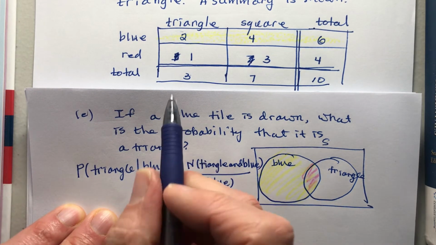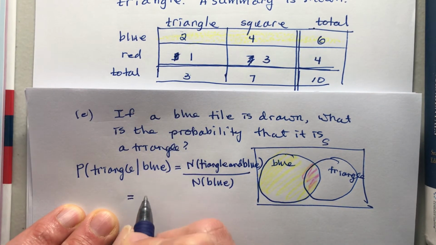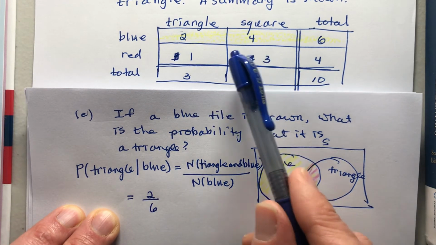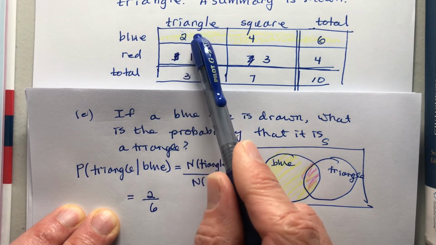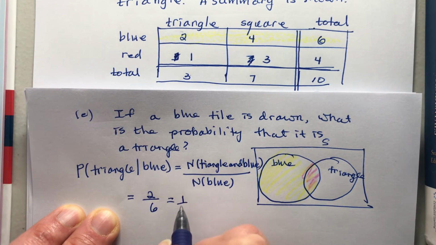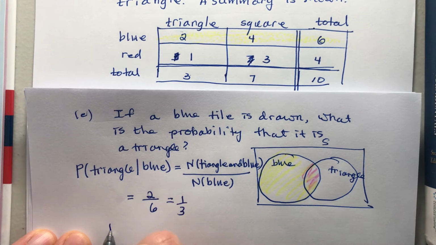So how many are there that are blue triangles? There's 2. How many blues are there? It's 6. So what we're doing is we're ignoring the rest of the table. Out of 6 blues, there's 2 triangles. So it's 2 out of 6, which is 1/3. That's a conditional probability.